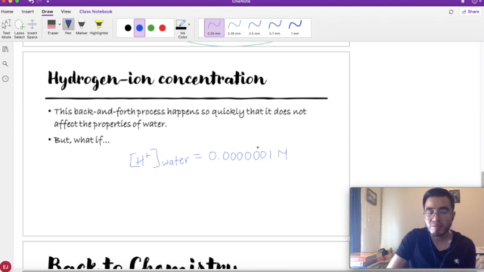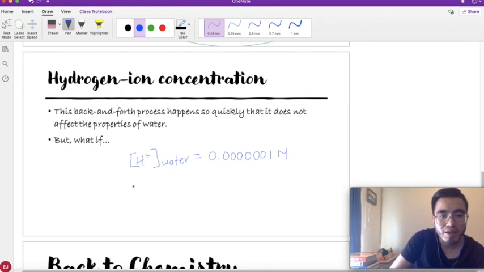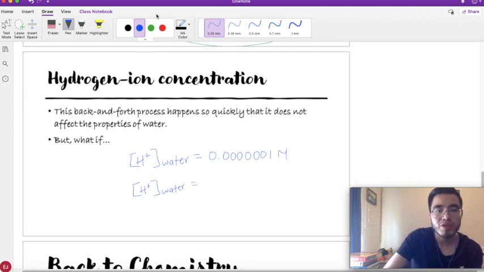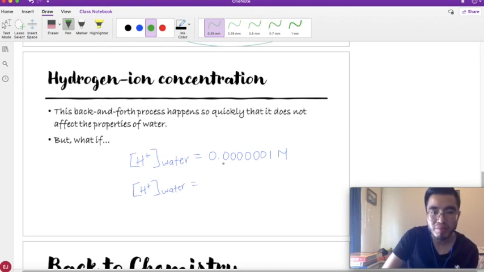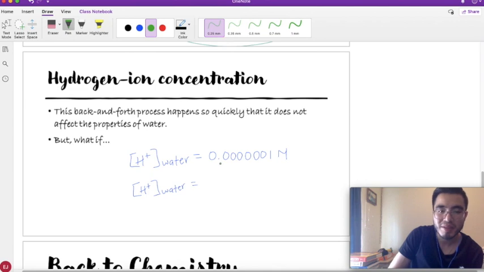I don't want to write this number all over again, with all these zeros. So we're going to use scientific notation. Concentration of H+ in water equals, now let me show you how to get this in scientific notation. We need to identify the decimal point, which is here. We're going to see how many steps it's going to take us to reach 1, because remember, for scientific notation, we need a number in between 1 and 9.99. So decimal point, 1, 2, 3, 4, 5, 6, 7.